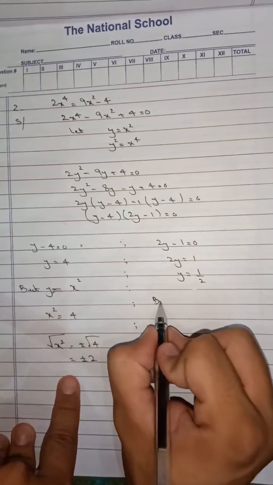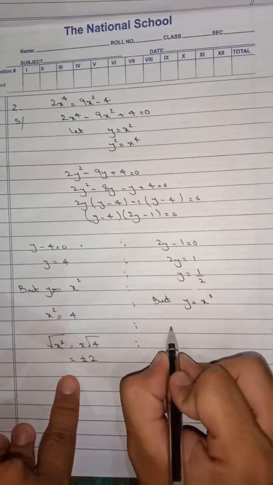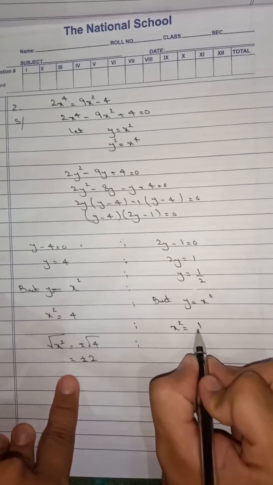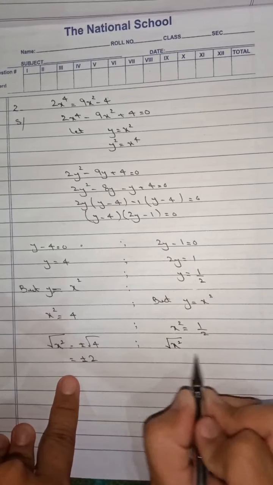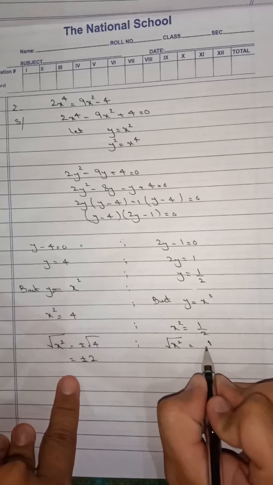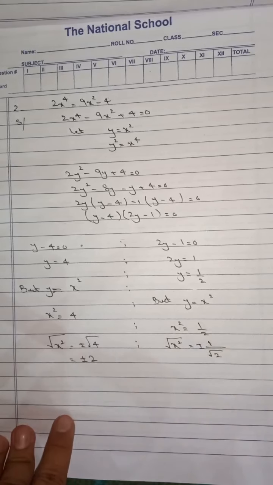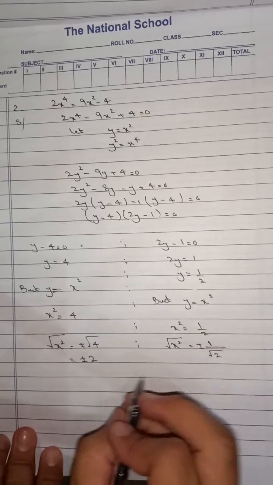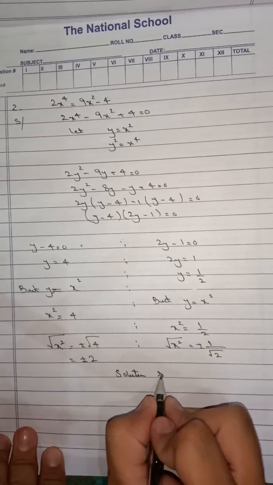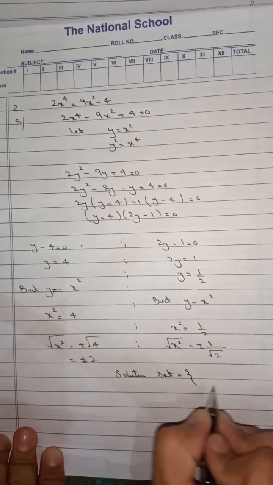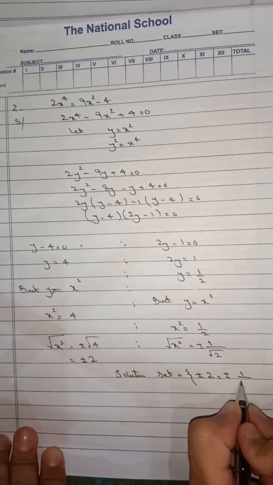But y was equal to x², which is equal to 1 by 2. Taking the square root, 1 over square root 2 with plus minus, as the square root of 1 is 1. So the solution set now is plus minus 2 and plus minus 1 over square root of 2.